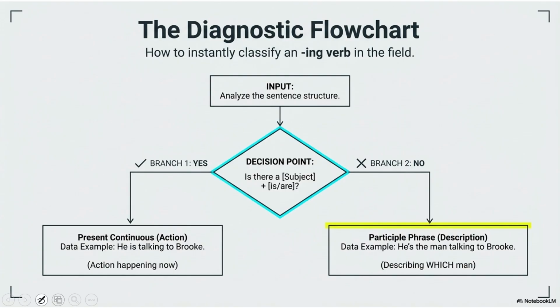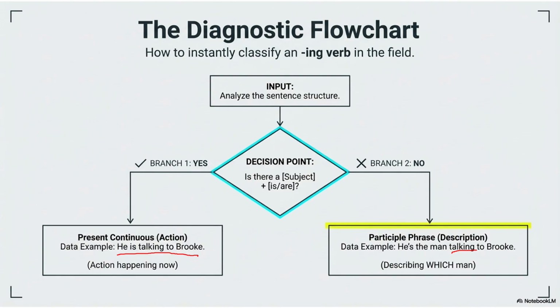Okay. Look here. Present continuous action. He is talking. Okay, to Brooke. This is present continuous. This is happening right now. But here you have the same verb, talking, ing, but it is not in present continuous.